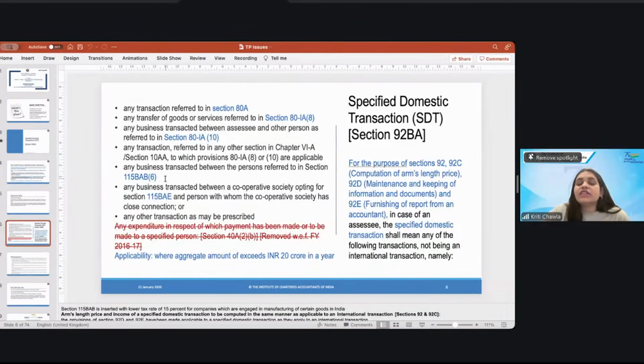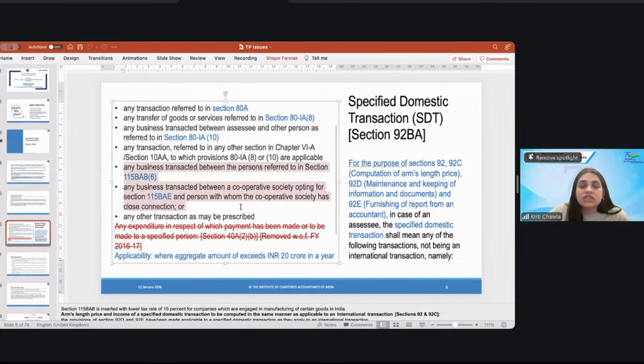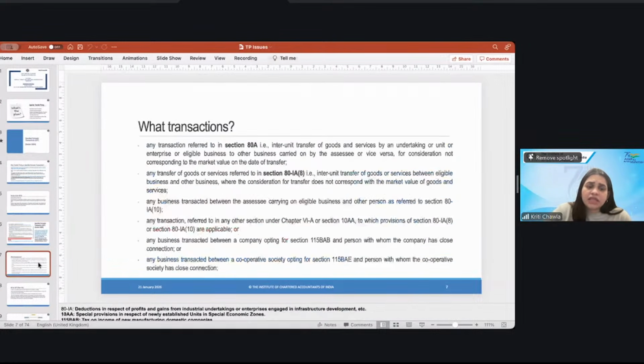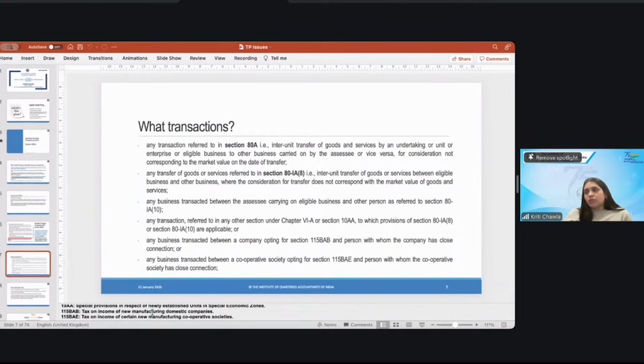The next thing that they talk about, and it's been a while, but still I'd say it's newly inserted, is Section 115BAB and Section 115BAE. This is where they talk about new manufacturing domestic companies and new manufacturing cooperative societies.